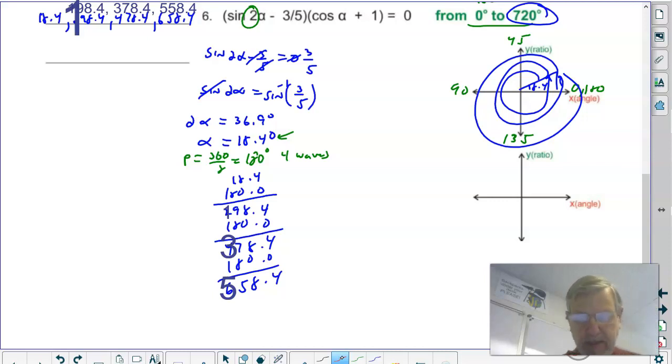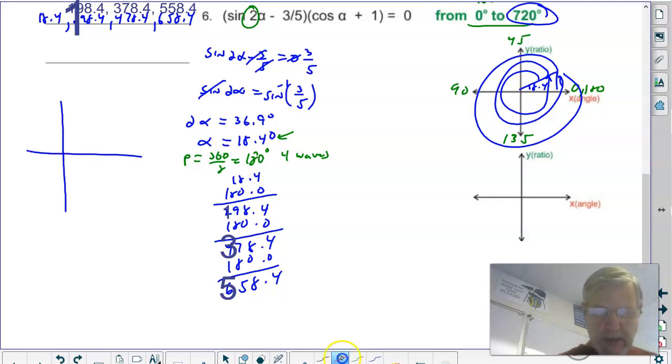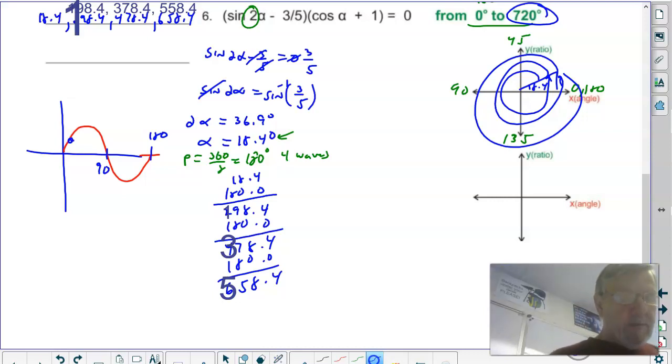So again, now I need you to understand this, right? Go back, right? Or sine, where this is 180, this is 90, and we got this 18.4 somewhere in there, but see how we also have this other value?